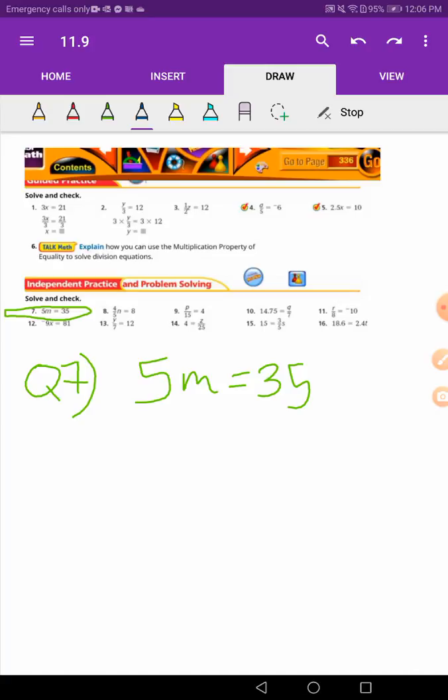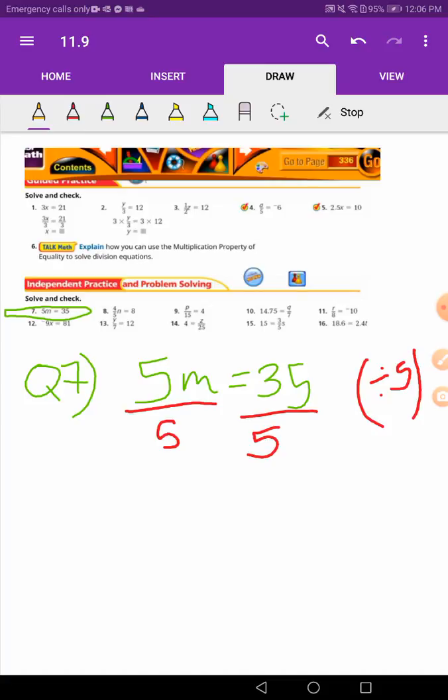So, since we have a multiplication equation over here, we need to undo the multiplication by 5 by dividing by 5. Do I write it like this? No. We write it in a fraction form, divided by 5, and here divided by 5. So, all that I did in this step is that I divided both sides by 5.